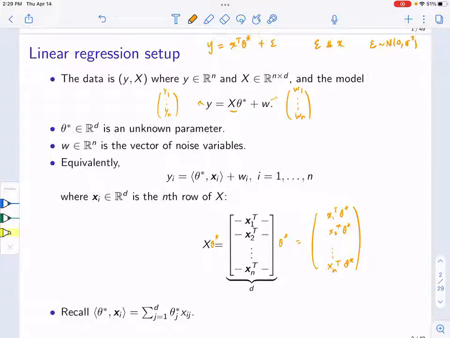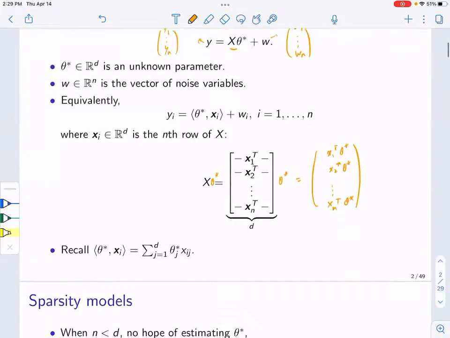So as Kyle pointed out, the classical approach to solving this is, you want to estimate theta star, so you would form the least squares estimate. We talked about it in the first lecture. So argmin over theta in R^d of the norm of y minus x theta squared.